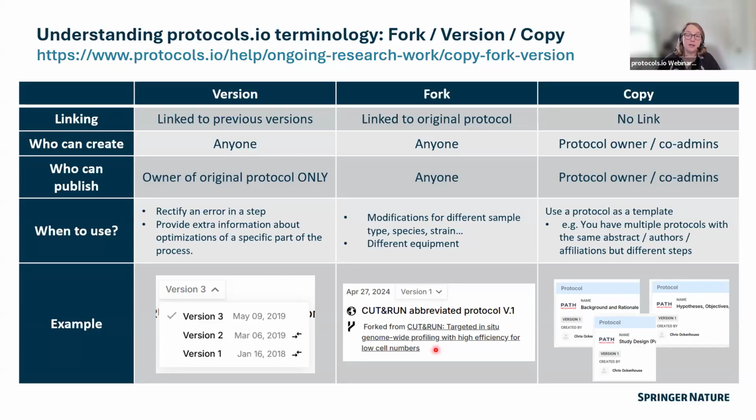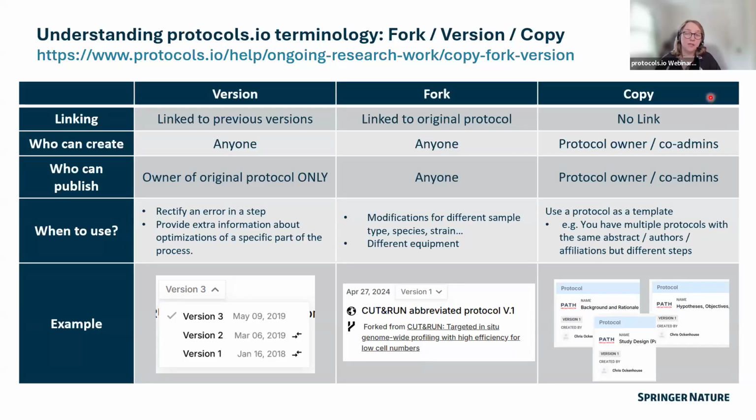You'll see that the protocol that you forked from is linked and listed there. And so the person that provided the foundation for your protocol is still getting acknowledged and is still getting linking, but you're now the one who owns and is able to modify and publish that protocol.